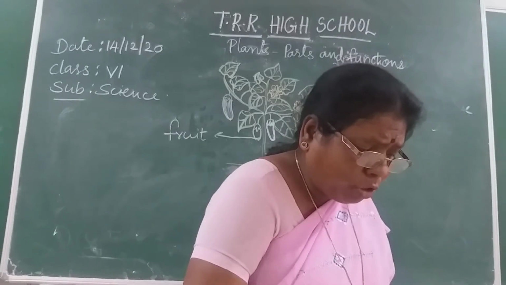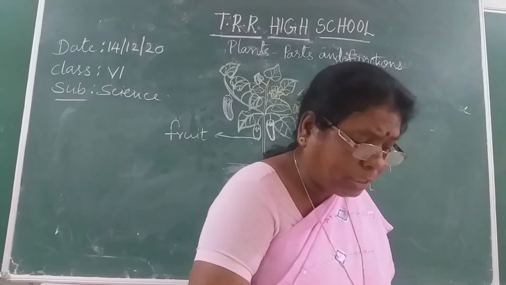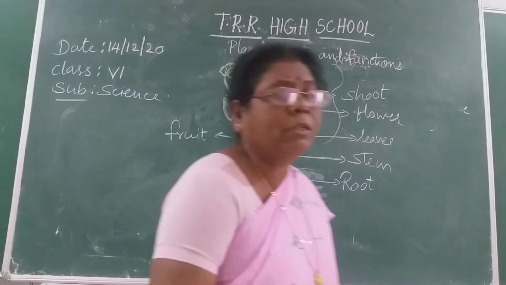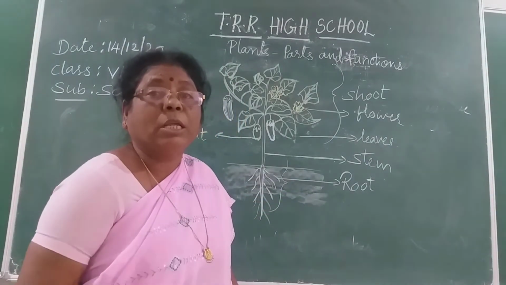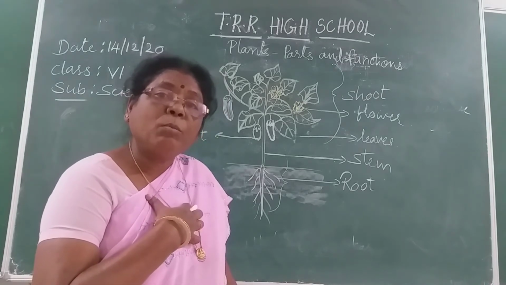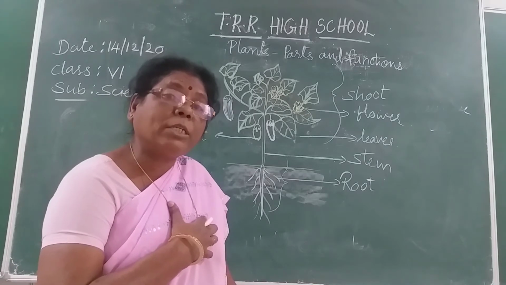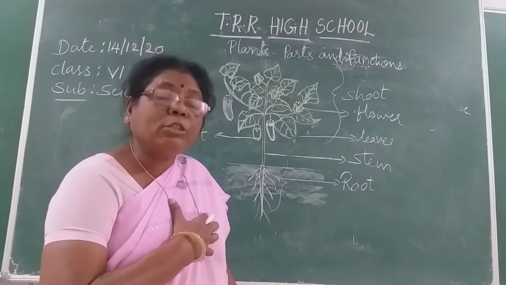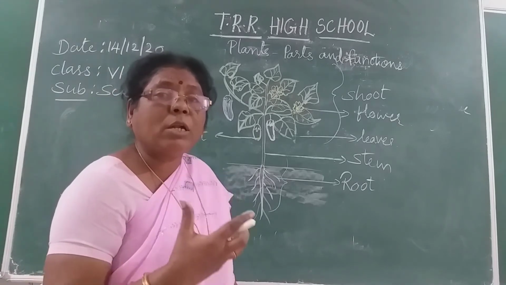So you know the importance of leaf, stem and roots in plants. What are the important roles of these parts of a plant? Kidneys are important organs in our body.